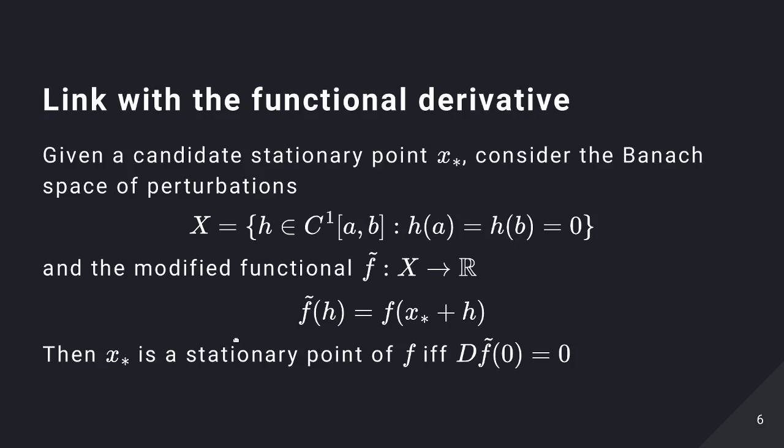And using this, because this f tilde is a functional map from x, which is a Banach space, to R, then we can take its derivative, and x star is a stationary point of f if the derivative of f tilde, here I'm using the more standard notation for the functional derivative, at 0, so 0 here being no perturbation, has to be 0, so I have a stationary point.